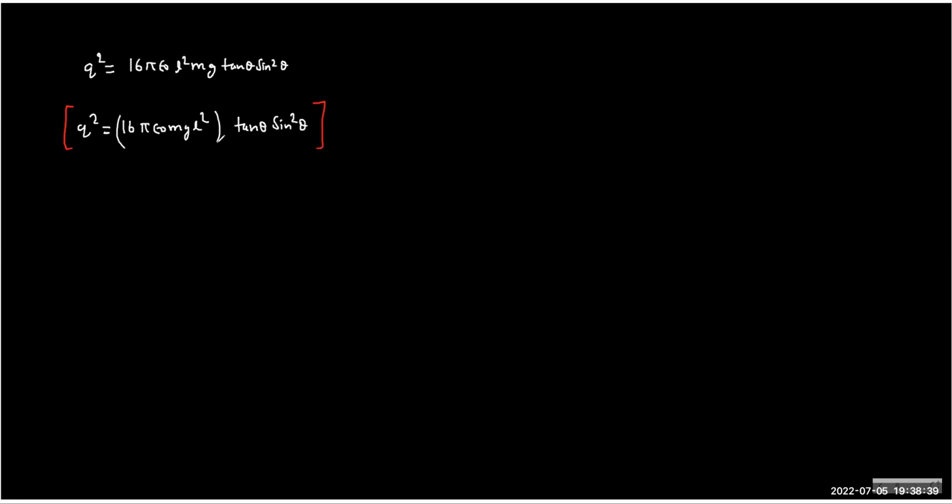And once we have this value, we can do some really interesting questions. They may give you theta, they may give you separation, they will give you something and they will ask you something. That's the call of the textbook. But there is something interesting you can do, and that is called the small angle approximation.